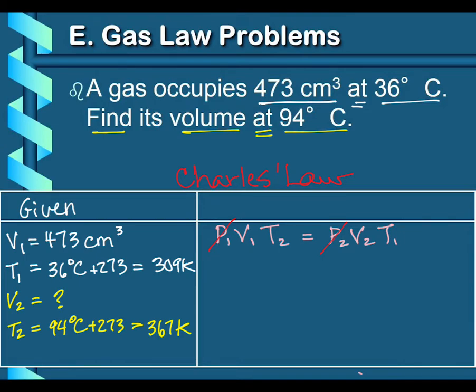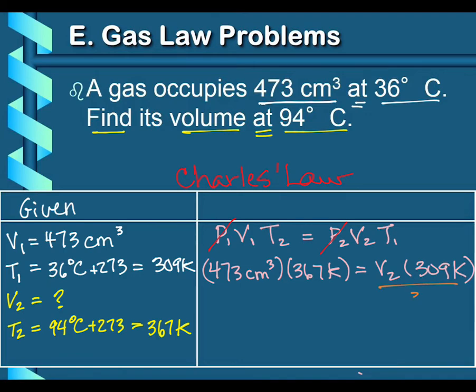So we go in and plug in our information, 473 centimeters cubed. T2 is 367 Kelvin. V2 is what we're looking for, and T1 is 309 Kelvin. So when you divide both sides by the 309 Kelvin on each of these, notice your K's cancel.